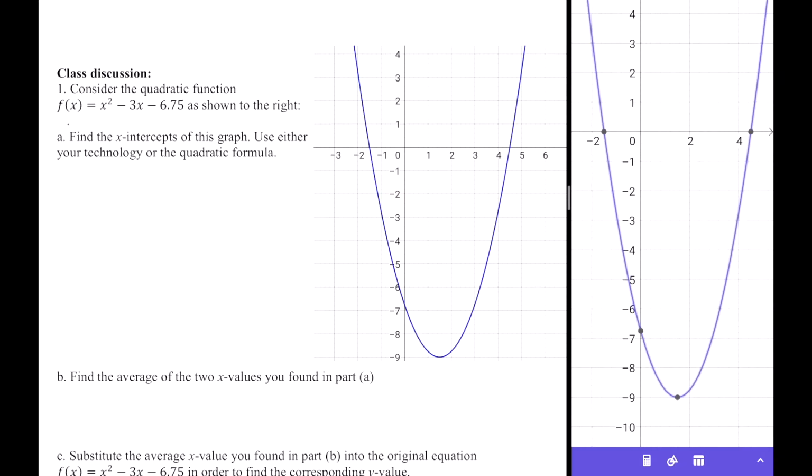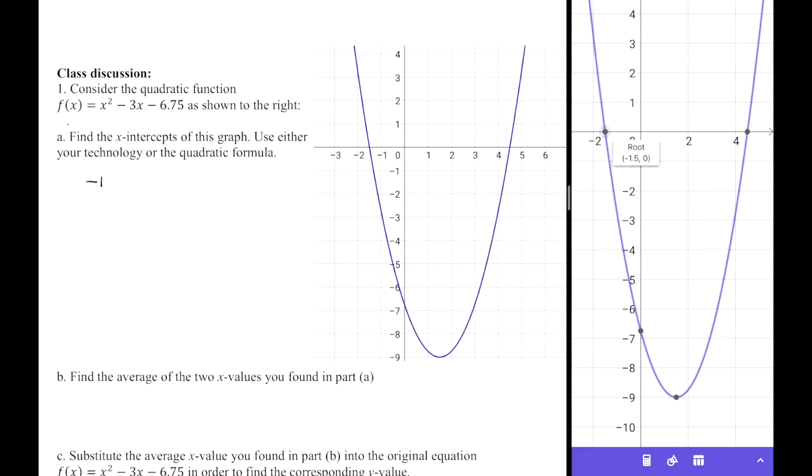And let me pinch horizontally. Perfect. So here is my first intersection. So the first intersection is negative 1.5 comma 0, and that is as an ordered pair. And the second intersection here is 4.5 comma 0.